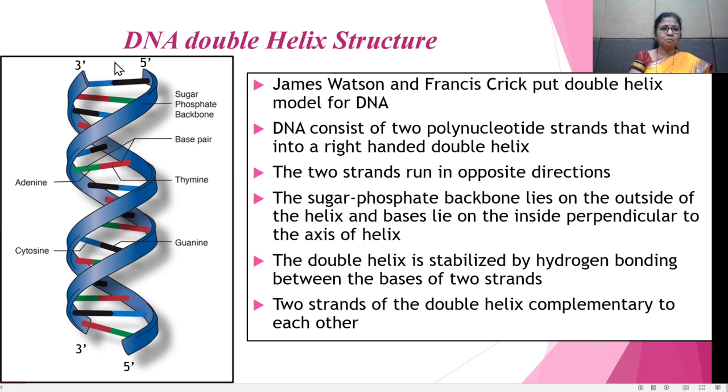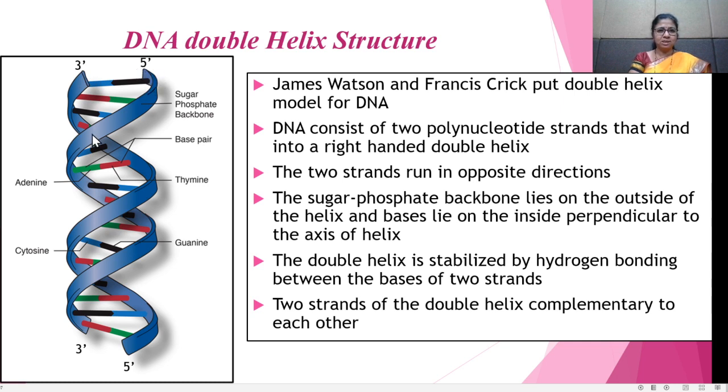There are two polynucleotides, these two, and they wind into a right-handed double helix structure. These two strands run in the opposite direction. That means one strand runs from the 3' position and the second strand from the 5' position.